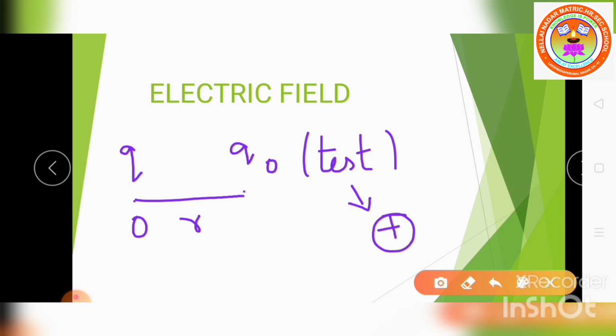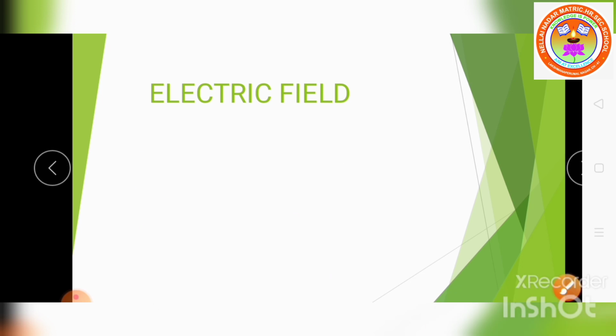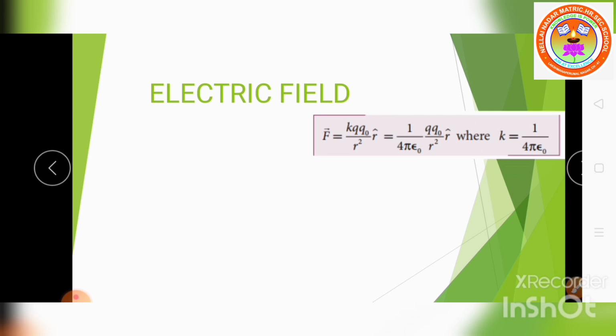Now, according to Coulomb's law, we can write the formula F is equal to K, where K is a constant, times the first charge Q and the second charge Q naught, separated by the distance, divided by R square. This is the magnitude. If I write this equation in vector form, F vector is equal to K Q Q naught by R square into R cap.